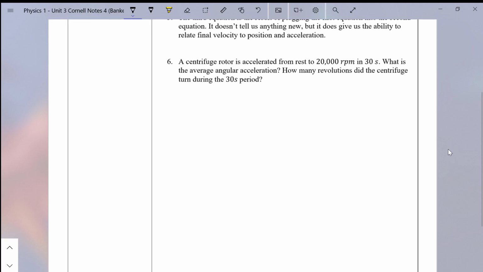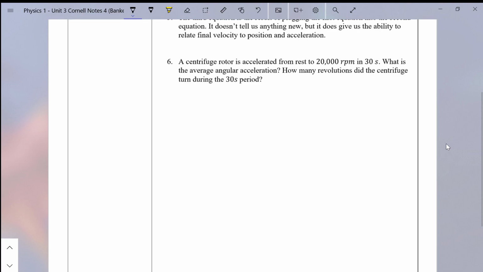So some applications. The classic one that you will usually encounter is either a record player, which most people are not familiar with these days, kind of a niche thing unless you're a DJ or something, or this centrifuge.